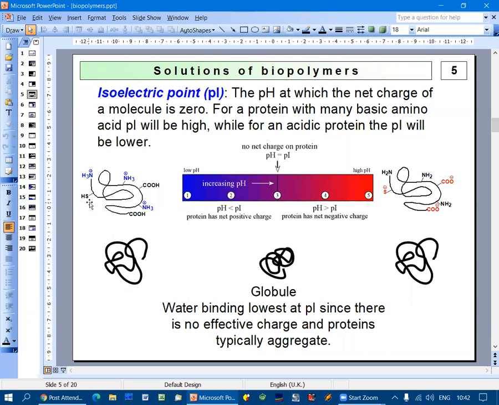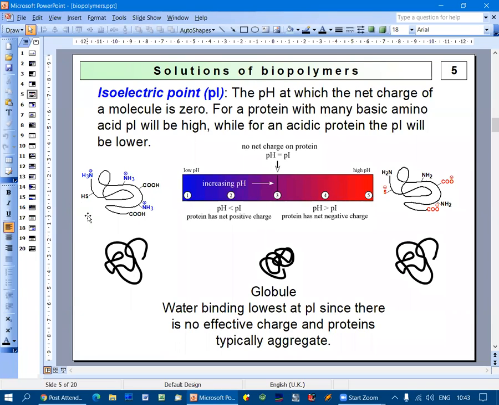But all basic centers, not only NH2, it's just a symbol, it can be a nitrogen atom in the heterocycle in histidine, will be protonated, and if pH is much lower than pI, the molecule of a protein will exist in its cationic form.